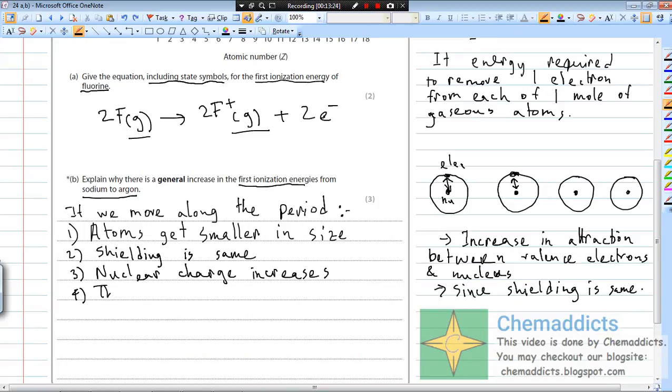So there is stronger attraction between the nucleus and outer shell electrons, or valence electrons, you can say.